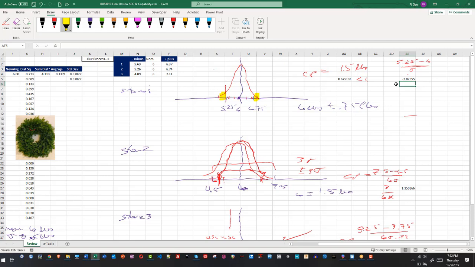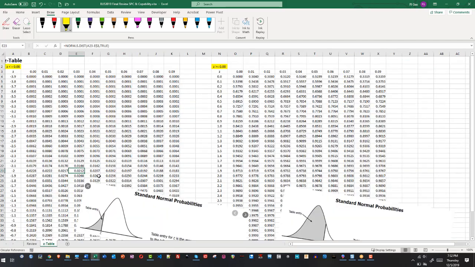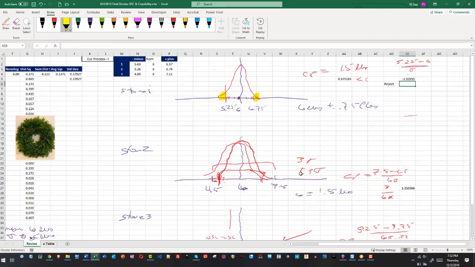2.21% would be 1 tail. We have to accommodate 2 tails. .12 times 2.